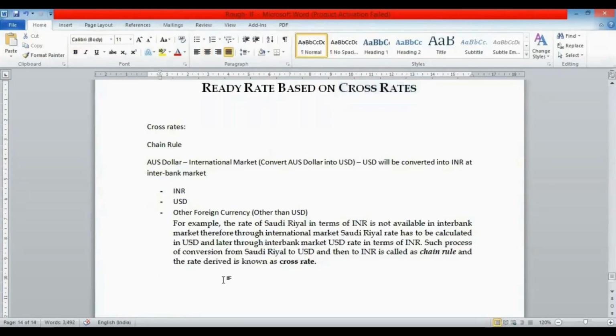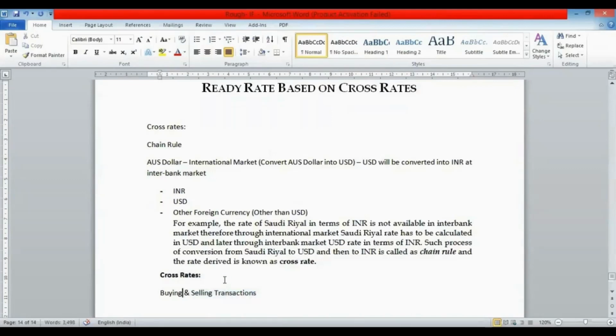As I said, we will take up the case of cross rates, and under the cross rate, we will discuss the same thing: buying and selling transactions.